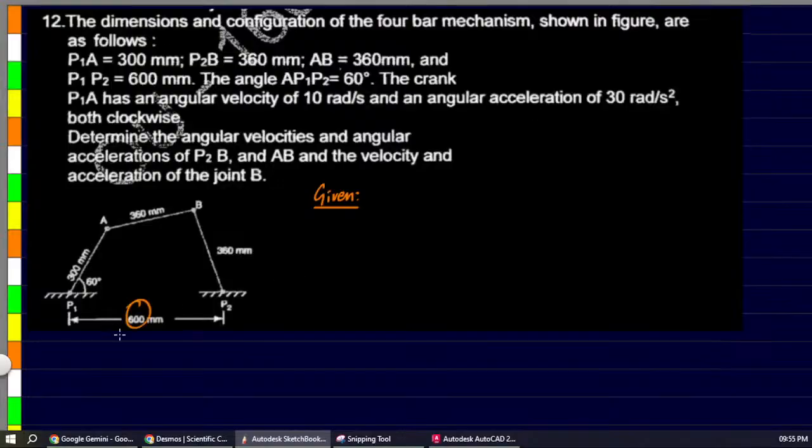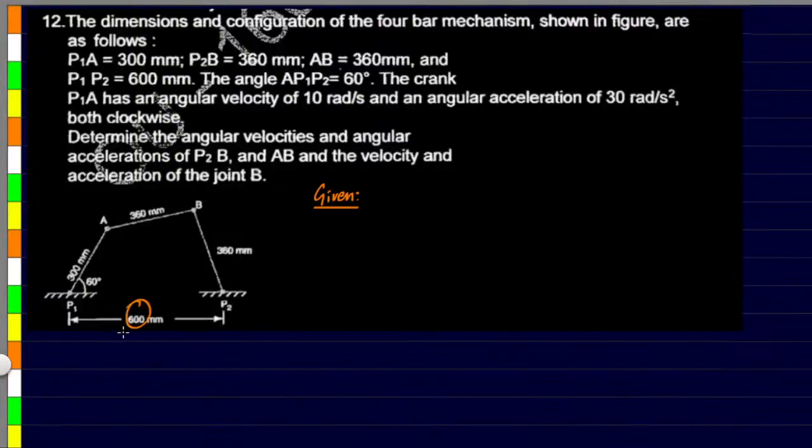This length here is 600 mm. As we had done in the first problem that we solved, we will take this as 12 centimeters. In the previous problem we had taken this ratio. So this one, by that, will become 6 centimeters.